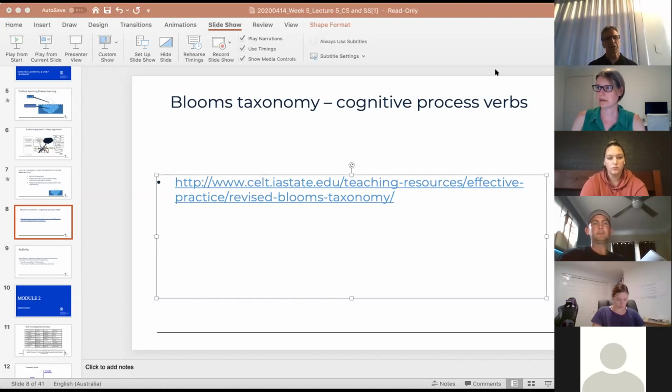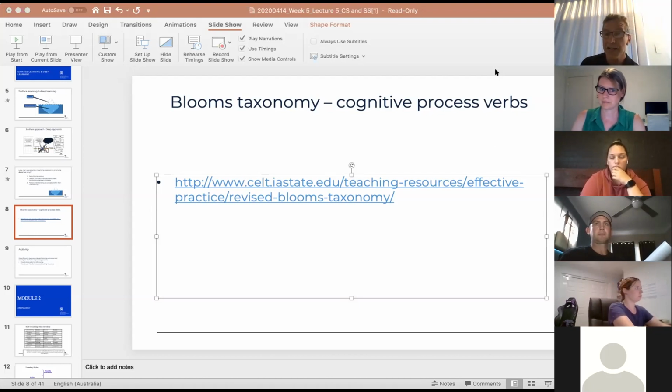So essentially it is a continuum of where learning is categorized on its depth according to the questions that are asked. On one end is really superficial things where people are asked to remember something, and then it gradually gets deeper from remembering to understanding, to applying, to analyzing, to evaluating, and to creating or synthesizing knowledge.